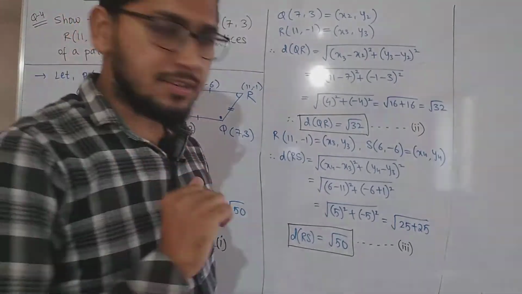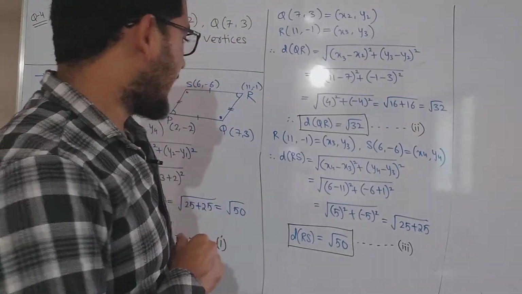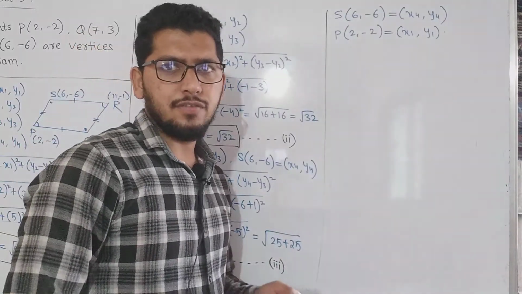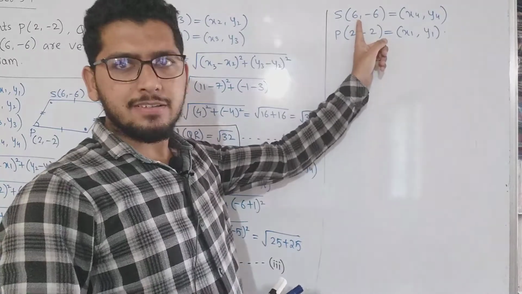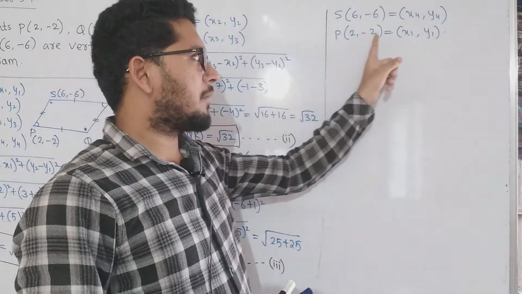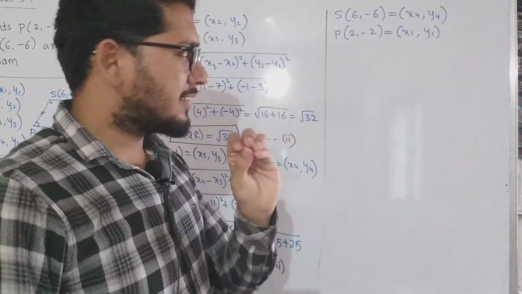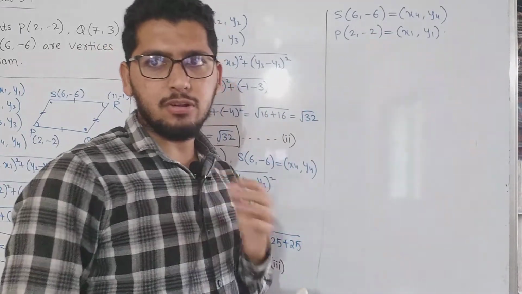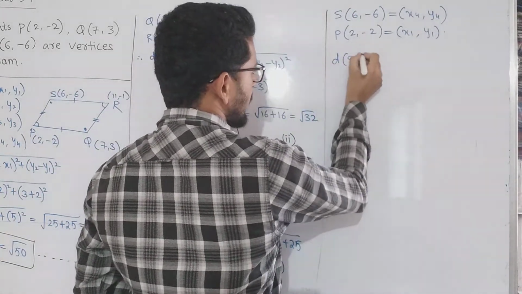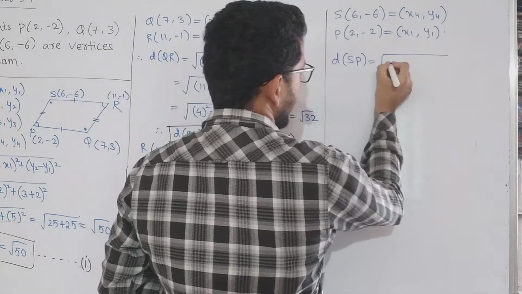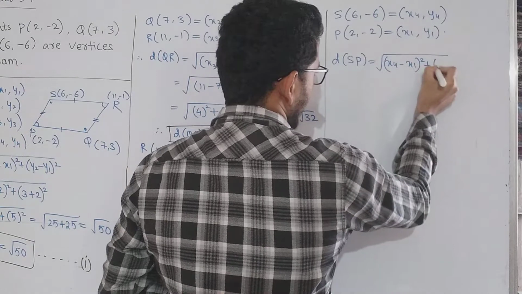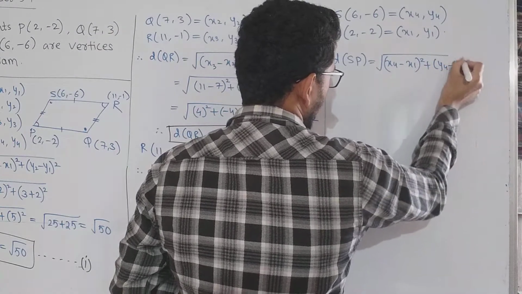So we have completed distance of RS, and finally we have to find distance of PS. Now here for distance of SP, S coordinate is given as (6, -6), that is x4, y4, and for P (2, -2), x1, y1. Now this is the last distance that we have to calculate. Okay, so first we'll write the formula. So distance of SP is equal to under root of (x4 minus x1) whole square plus (y4 minus y1) whole square.